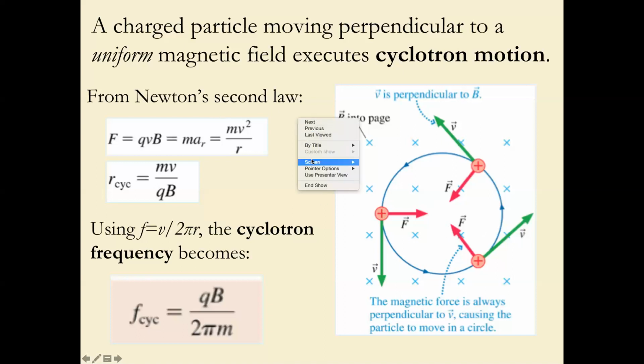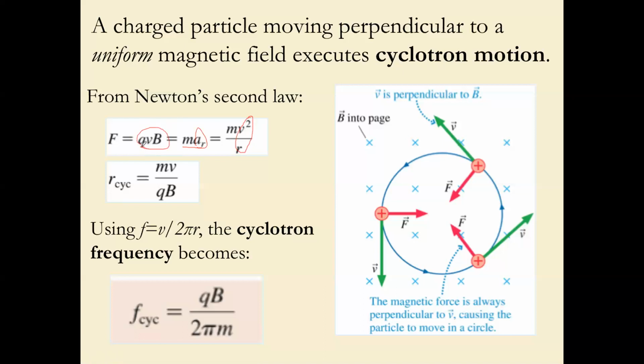From Newton's second law, we know that F is equal to mass times acceleration, right? For a circular motion, acceleration is v squared over R. So that's why the centripetal force that we have learned before is equal to mv squared over R. But here, since a moving charge is located in the vicinity of a magnetic field, the magnetic field will also apply a force on this moving charge, which is given by this, as we have done in the previous slide.